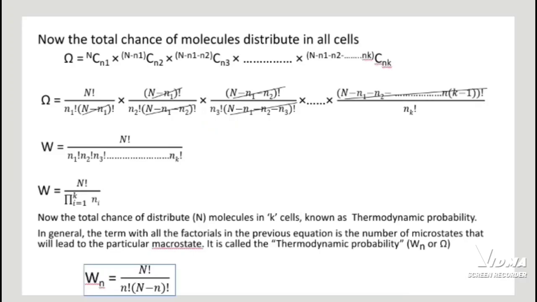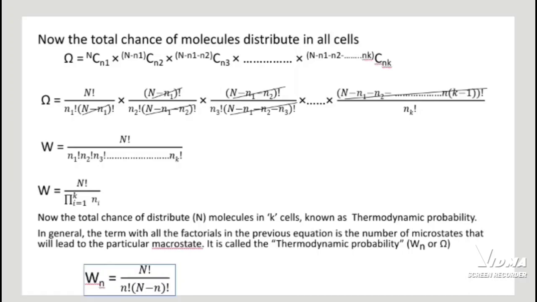This omega is equal to capital N factorial divided by the product of Ni for i equals 1 to K. In general terms, omega is equal to N factorial divided by small n factorial into (capital N minus small n) factorial. This equation we can use to calculate thermodynamic probability.